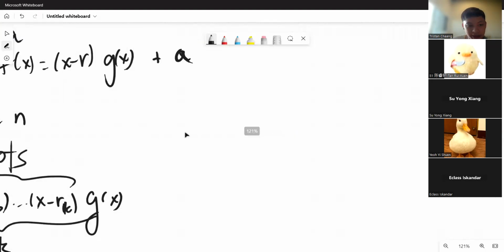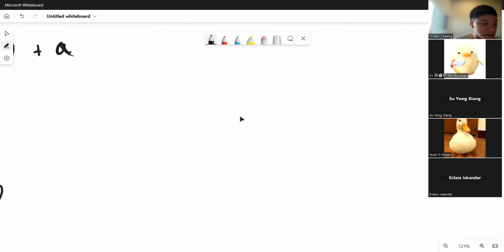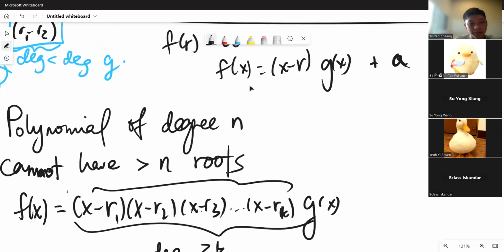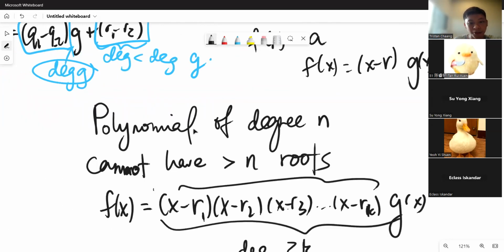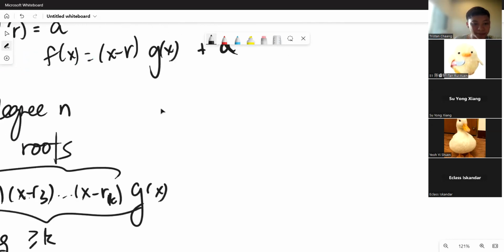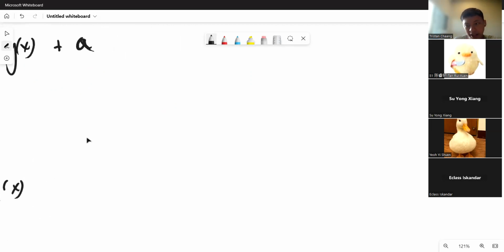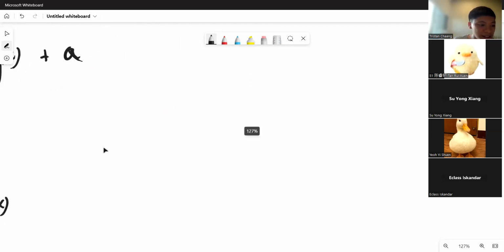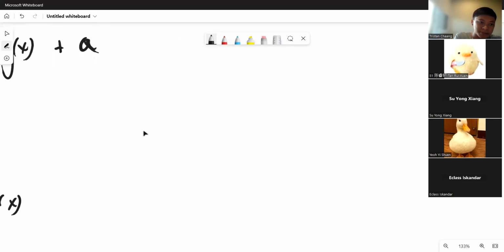Now, let's look at another result of this theorem, where a polynomial cannot have more than n roots. So I've also been quite sketchy here. The exact statement should be non-zero polynomial of degree n, but well, that case is obvious as well. So this one is about agreement of polynomials.